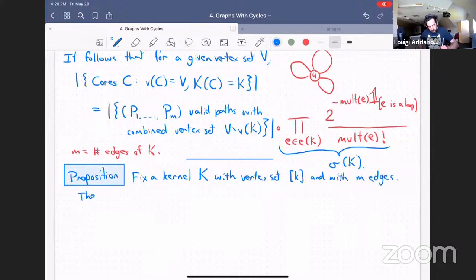Okay. And I'm going to look at cores with vertex set 1 up to L, where L is large, and ask how many there are that have this kernel.